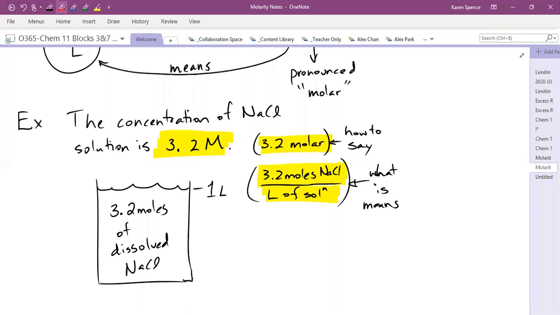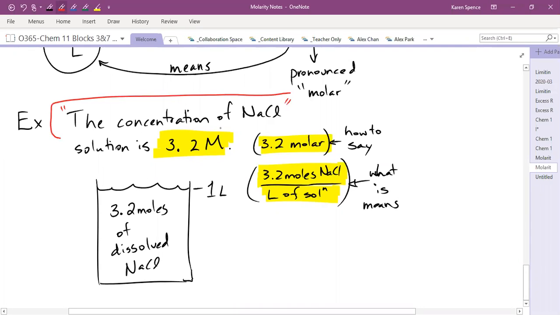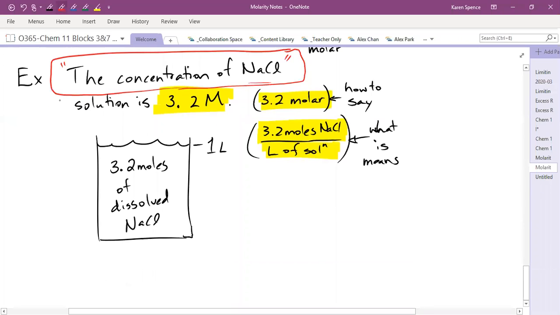Now, a few other little terminology things. The concentration of sodium chloride, that's kind of a long thing to write out all the time. So instead, we can write the shorthand for it, which is to put square brackets around NaCl.